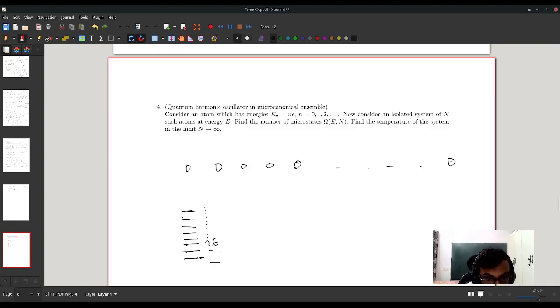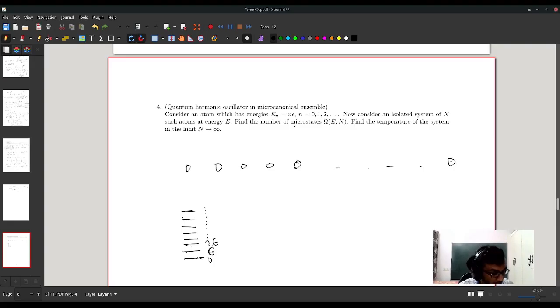Just treat it like some microcanonical ensemble problem. Also, I should mention that for the quantum harmonic oscillator there's a zero point energy which is going to shift the energy by some constant, half h bar omega.